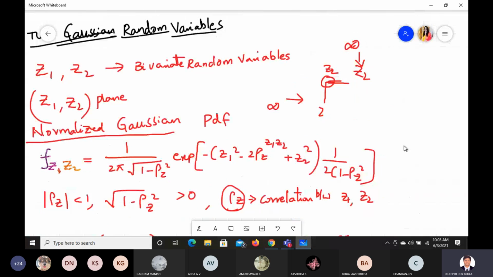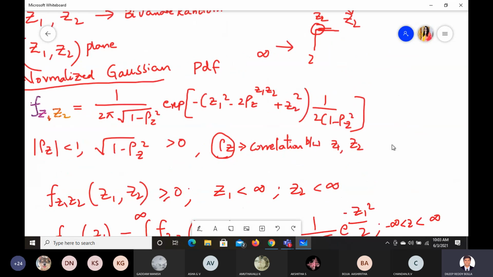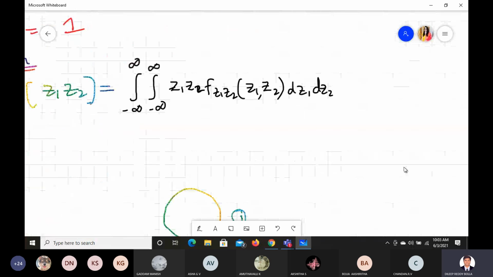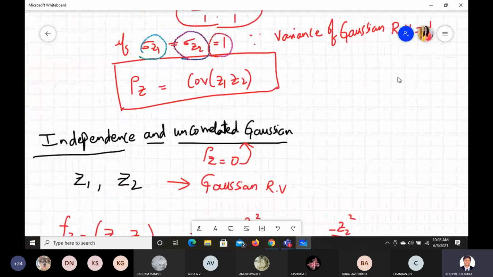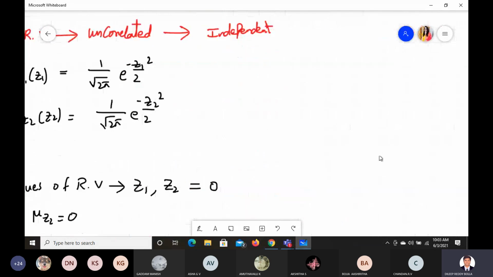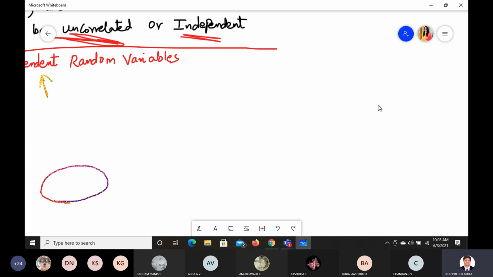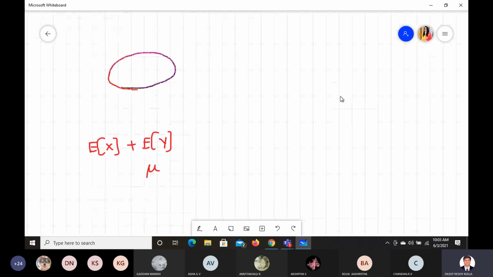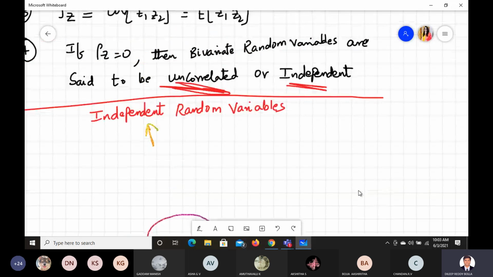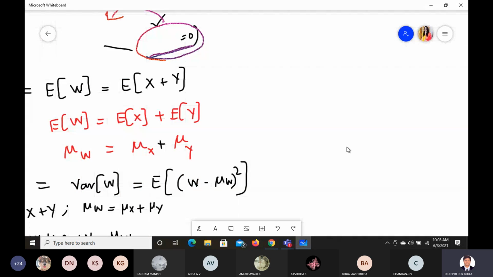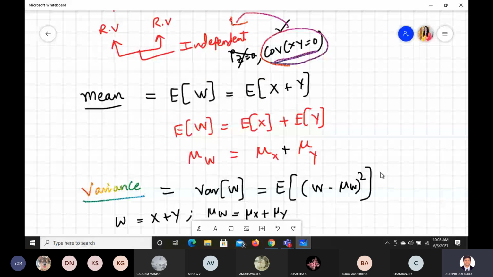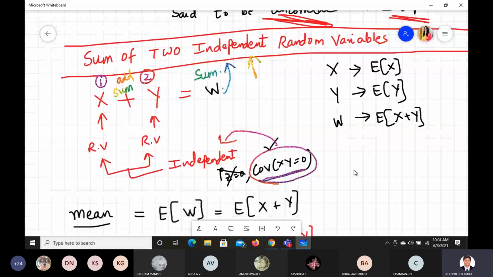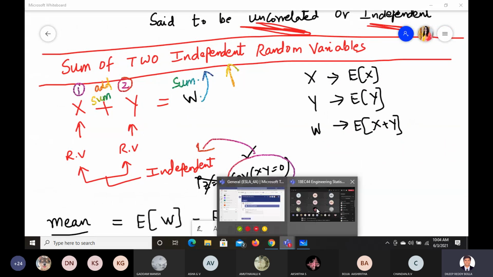After that, we have seen the Gaussian random variables. We will just recap what happened in the previous class. We have seen the sum of two independent random variables in the previous class, right?